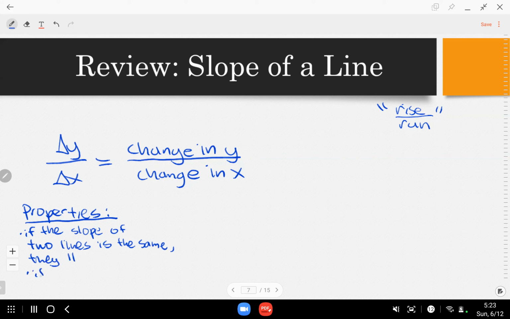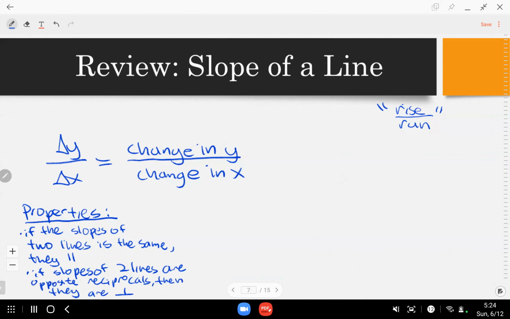However, if the slopes of two lines are opposite reciprocals, then they are perpendicular.